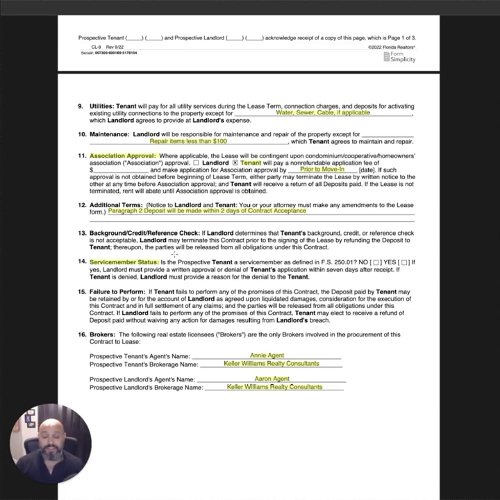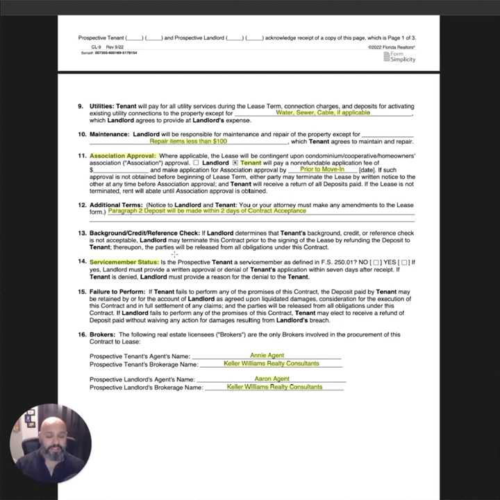For paragraph 10, this is going to be maintenance. The landlord is responsible for maintenance and repair, and you put the term in here. So when I'm representing a tenant, I'm going to put in here that the tenant is responsible to maintain and repair items less than $100. All right.